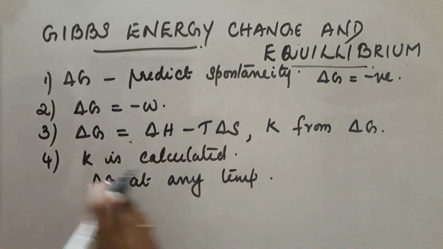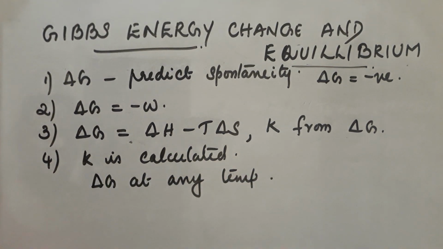So if we calculate K from the lab, delta G at any temperature can be calculated. These are the important points about Gibbs energy change.